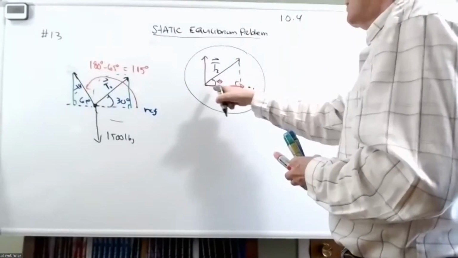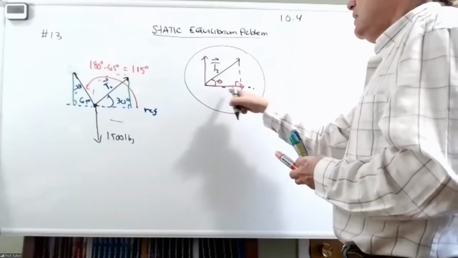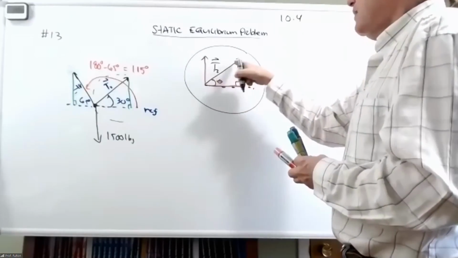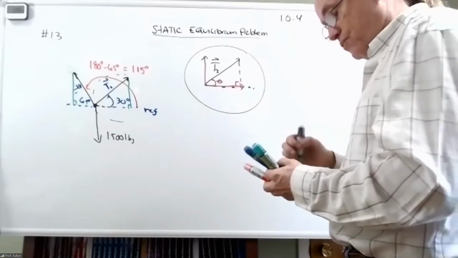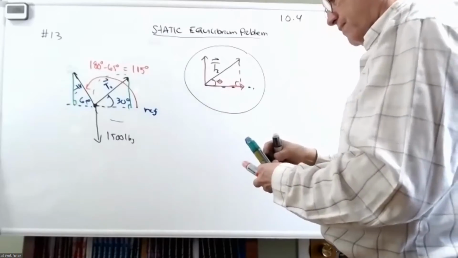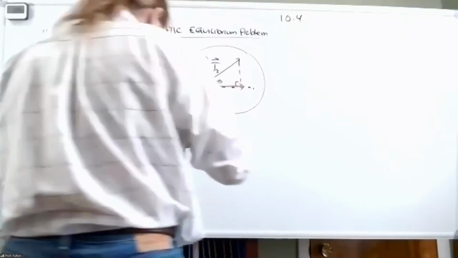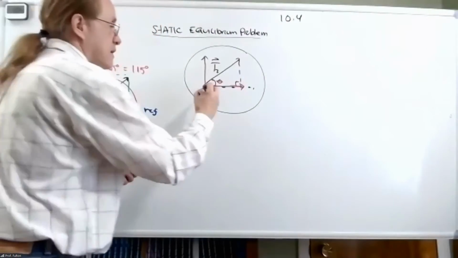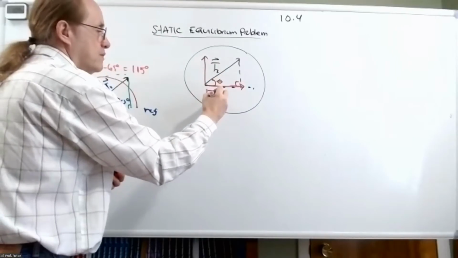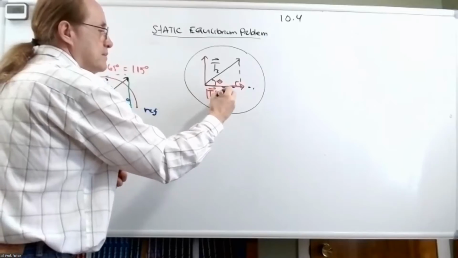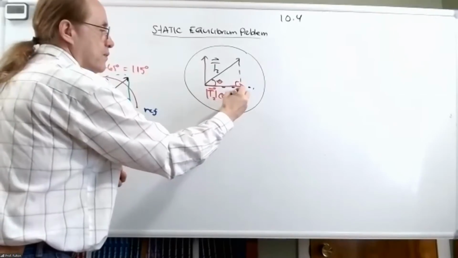So vector T2 has two components. Now, remember, what is this? From our basic right triangle trigonometry, this length here is the magnitude of vector T2 times the cosine of the angle theta.